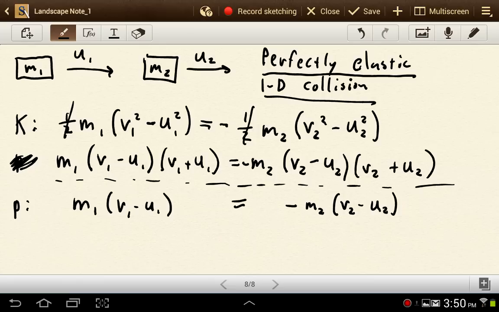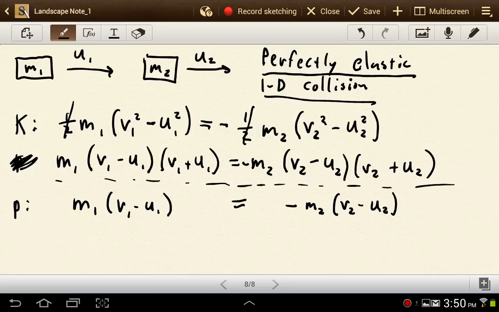So this equation, which has a lot of blank space in it, is the right equation. This equation down here is the momentum situation. Now we look at the momentum and kinetic energy equations.